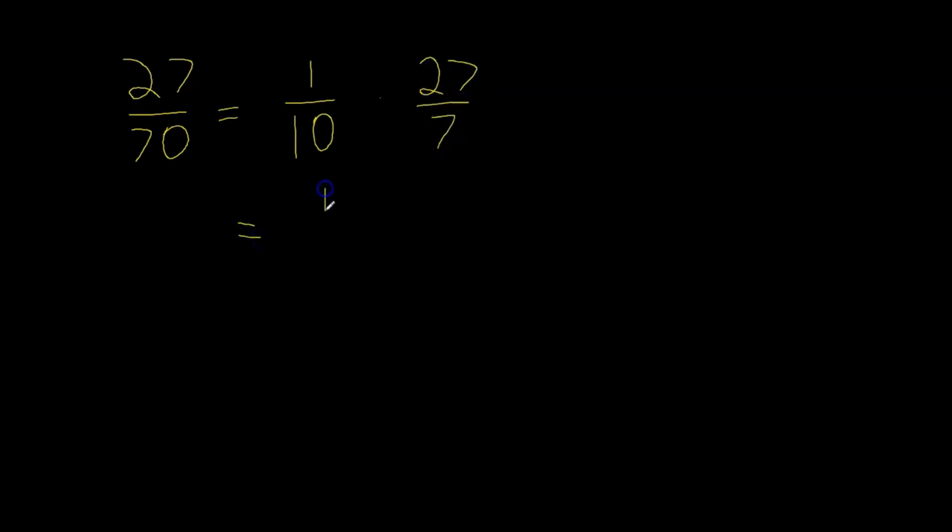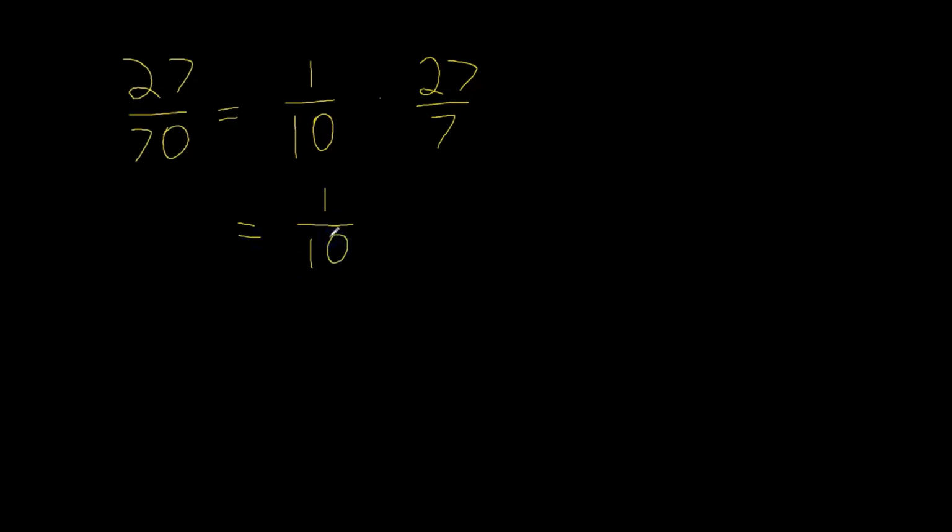Just to look at another example quickly, let's say we want to think about 27/70. Well, in this case, we can say this is just 1/10 of 27/7, and then we can think about 27/7.